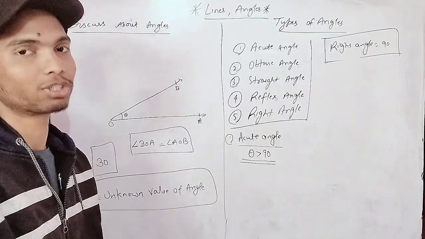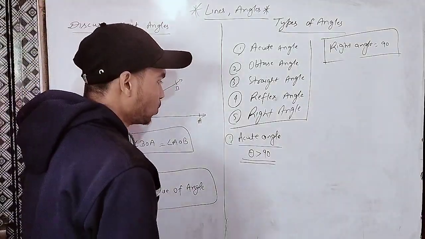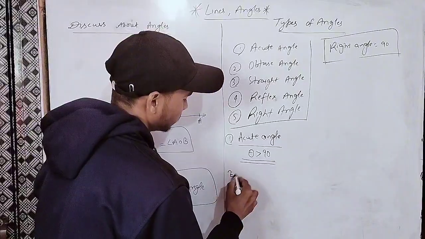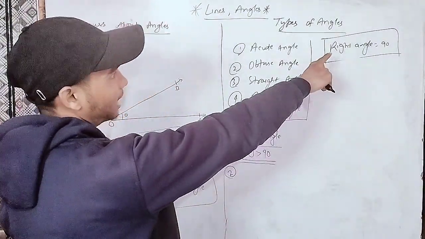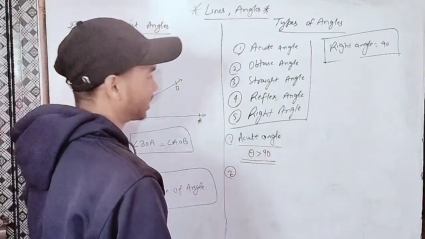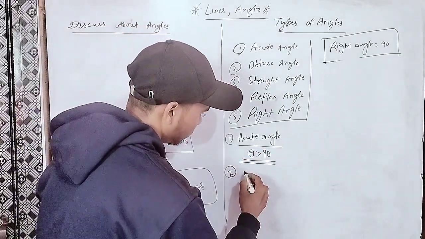Now, let's move on to the discussion of obtuse angle. Second, obtuse angle. We understood right angle, then acute angle. Now obtuse angle is very simple to understand.